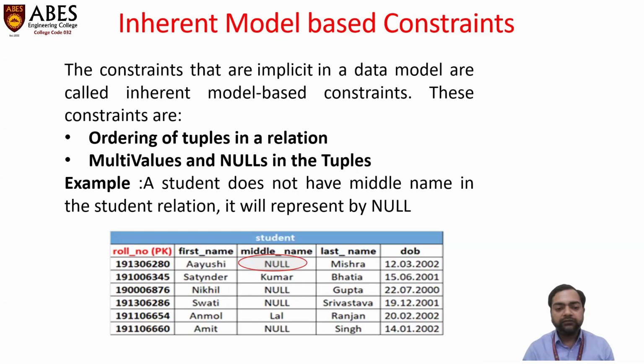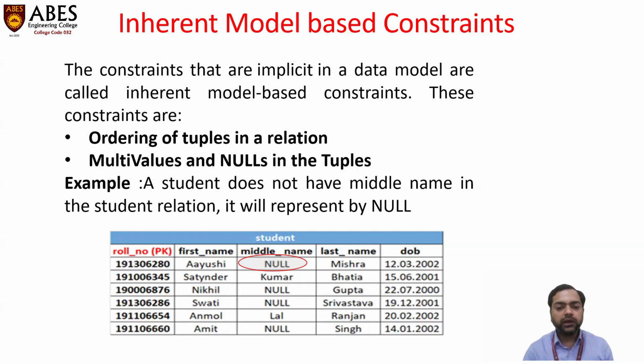Secondly, we have multi-values and nulls in the tuples. What does it mean? We have already seen that multi-values are not possible in a relation. For example, anyone can have more than one phone number. Can we place two or more values in the same column? No. So multi-values are not possible in a relation.